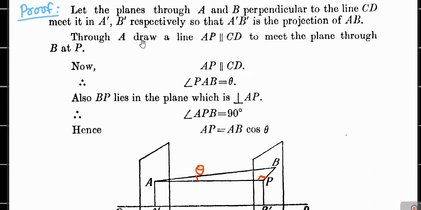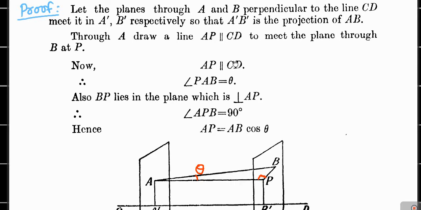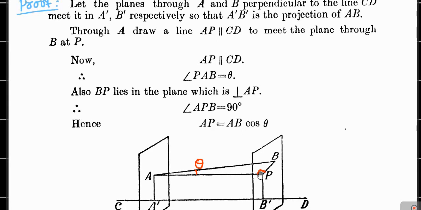Next, through the point A, draw a line AP parallel to the line CD, such that it meets the plane through the point B perpendicular to CD at the point P.